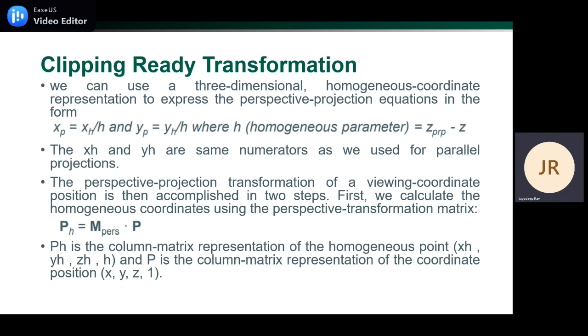First, we calculate the homogeneous coordinates using the perspective projection matrix and the column matrix representation. In the equation, Ph is the homogeneous coordinates, M_pers refers to the perspective projection matrix, and P refers to the column matrix of the point.